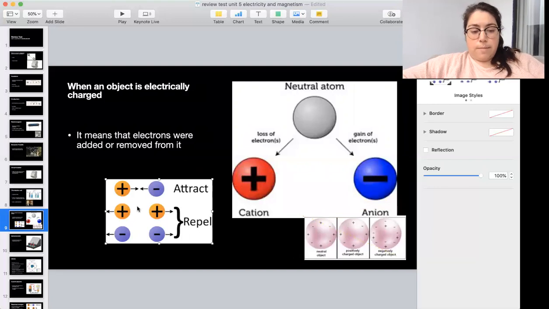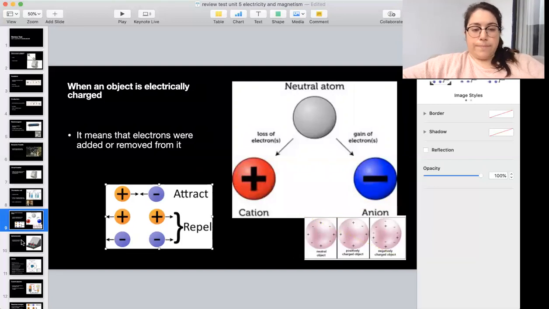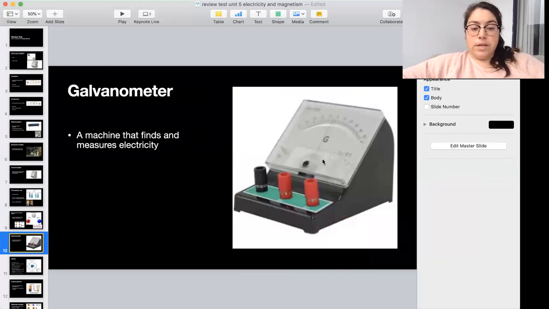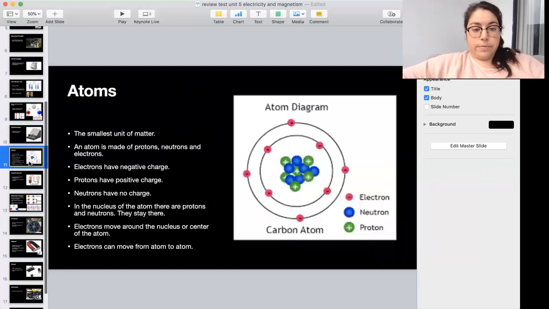And about the charges, we're gonna be talking about. Okay, this is a galvanometer. It's a machine that finds and measures small amounts of electricity. Here, the atom, remember that it's the smallest unit of matter. And an atom is made of protons, neutrons, which are here, and electrons that are going around.